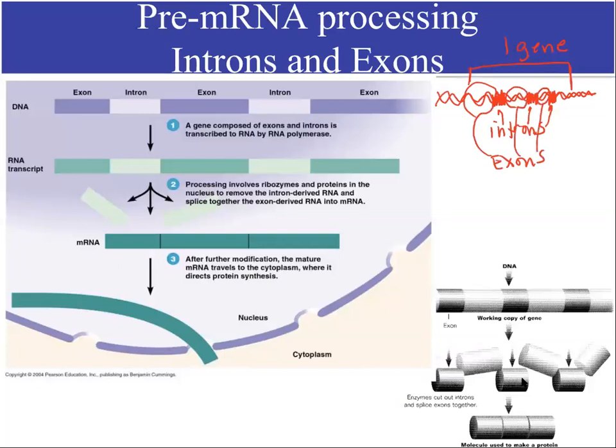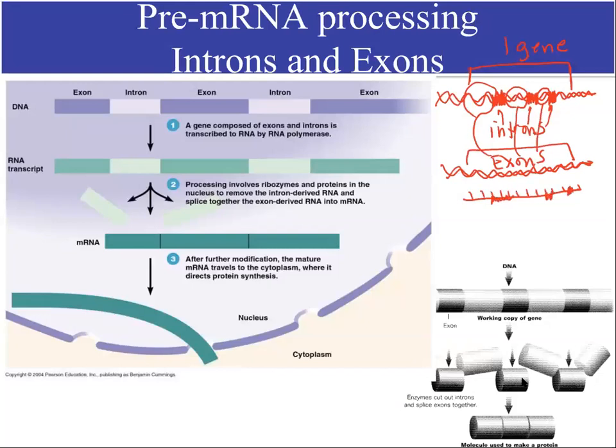So what has to happen is when this DNA molecule has been used to copy that gene and make this RNA, the RNA has those introns in it. It has sections that don't need to be there, that we need to get rid of. We need to cut out those sections that we call the introns.